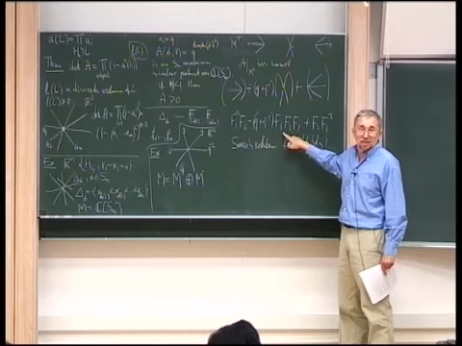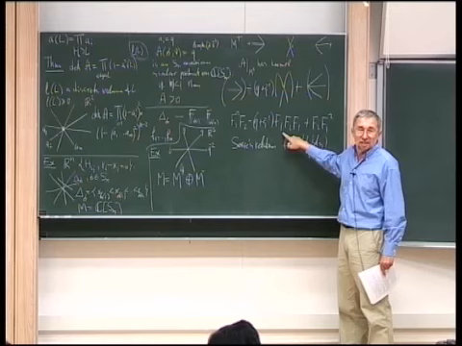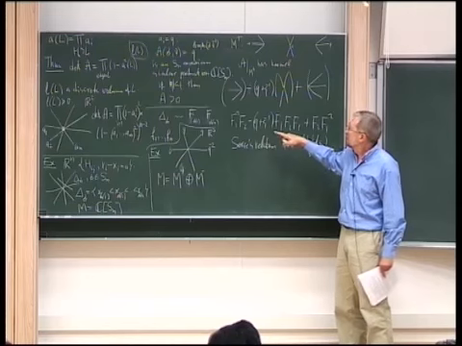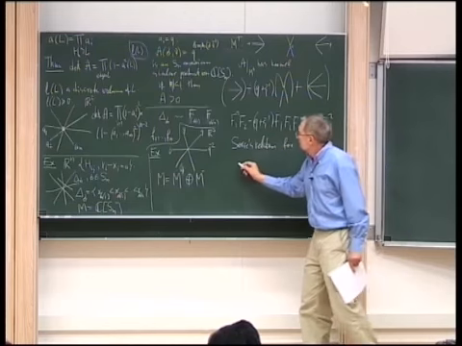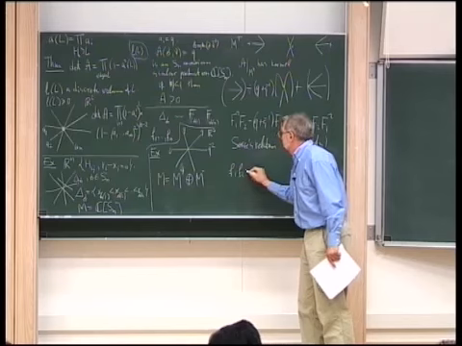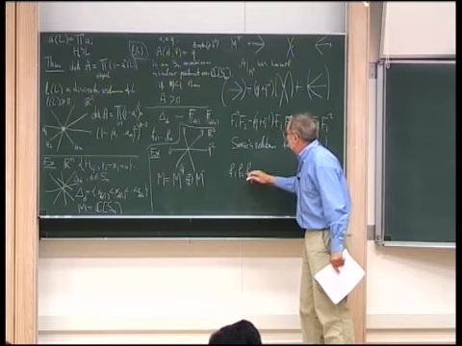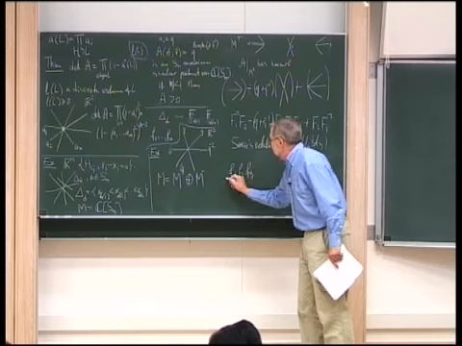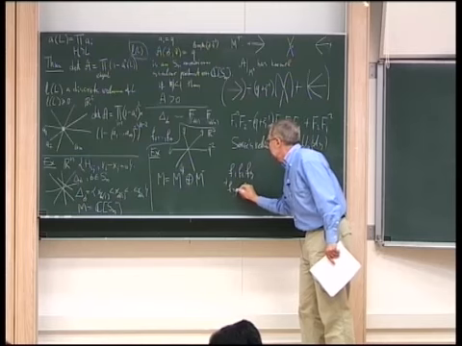For the rewriting, this diagram is f1 squared f2 and this one is f1, f2, f1. Those can be written as follows: one of them is f1, f2, f3 plus f3, f1, f2.